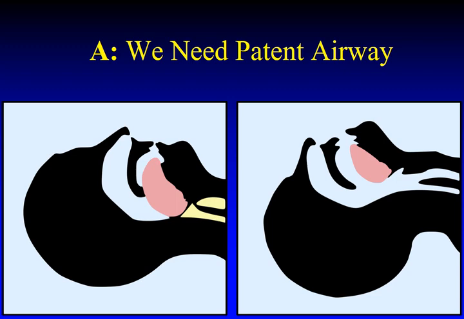The next step is A, airway. We need a patent airway. As you know, the most common cause of oral cavity obstruction is the tongue. So we have to move the tongue away from the posterior pharyngeal wall to open the upper airway in an unresponsive victim.